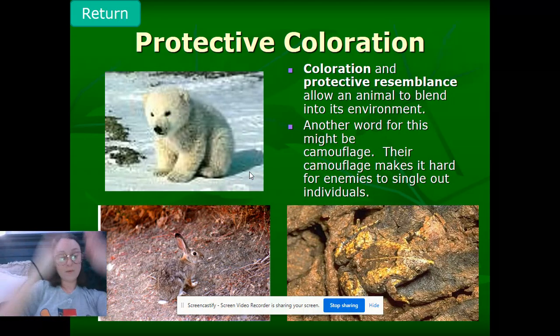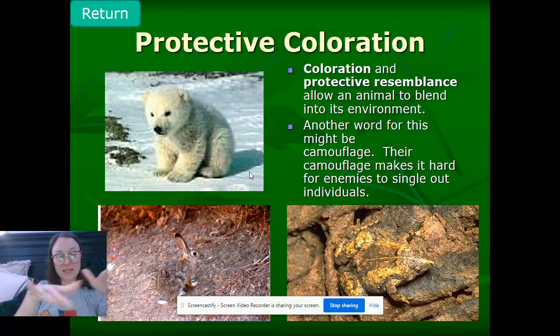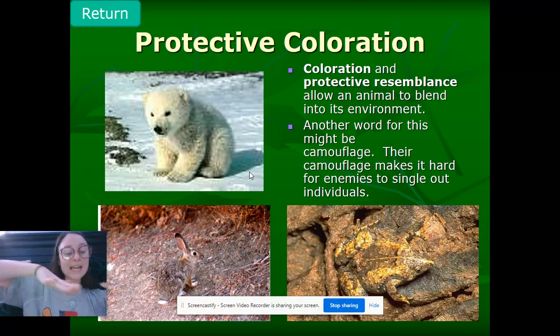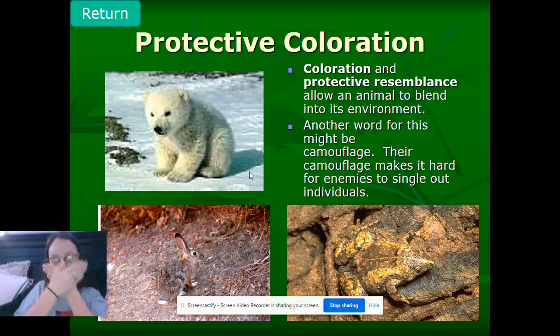Okay. So far we have structural adaptation. Now we have protective coloration. And what does protective coloration do? You're right. Protective coloration allows my animal to blend into the surroundings, to camouflage, to hide from their predators.